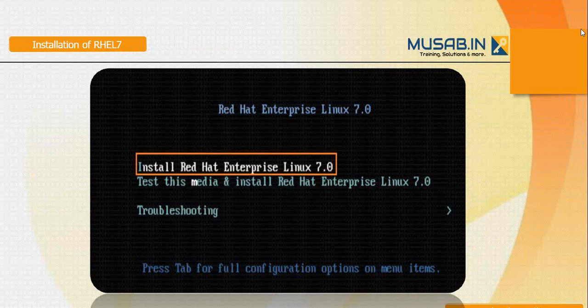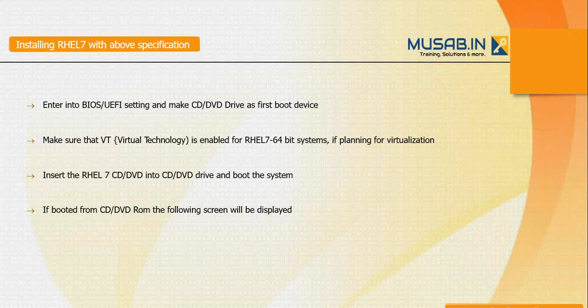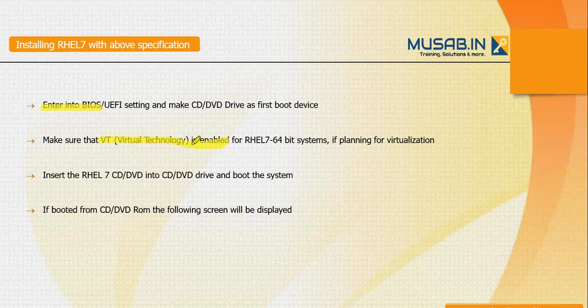And on your machines, if you want to use the virtualization facility, then you need to go to BIOS. While booting the system, you need to press F2 for Dell or F10, whatever BIOS you are using. In that BIOS, in peripheral configuration, make sure that virtualization technology is enabled.